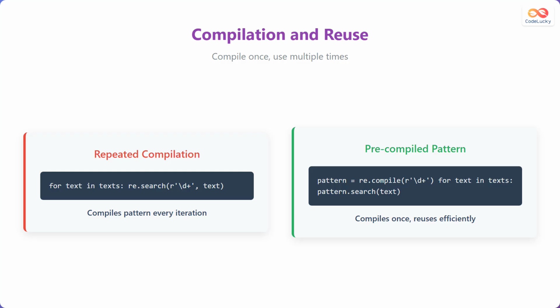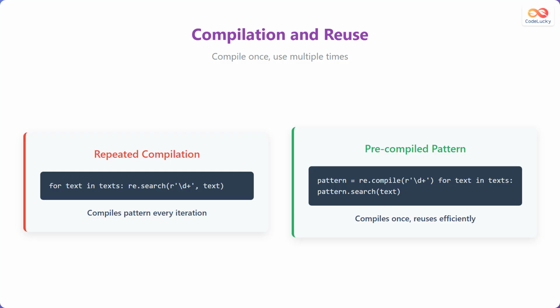Compiling regular expressions once and reusing them multiple times can significantly boost performance. The inefficient approach looks like this: for text in texts: re.search(r'\d+', text). This compiles the pattern every iteration.